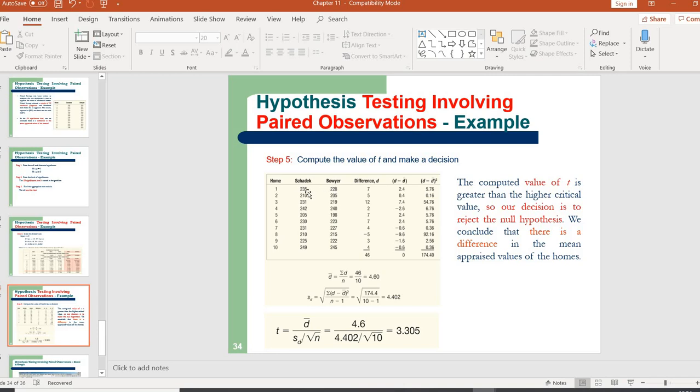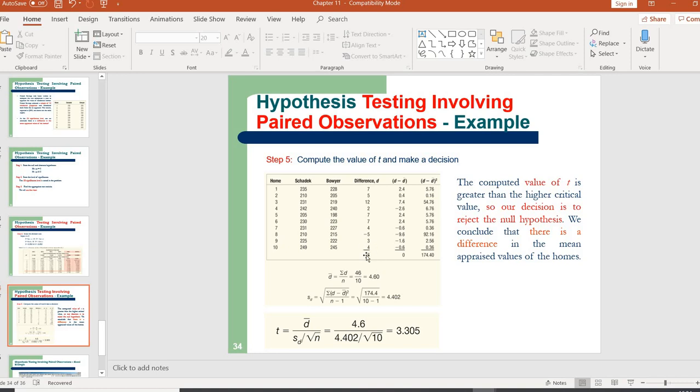If you take 235 minus 228, you have 7. And 210 minus 205, you have 5, and so on. So you compute the differences for these two samples, you sum them, and then you can determine the mean difference of the sample.